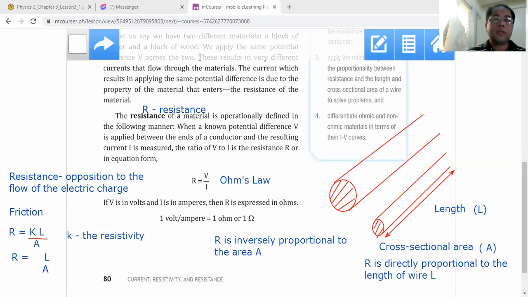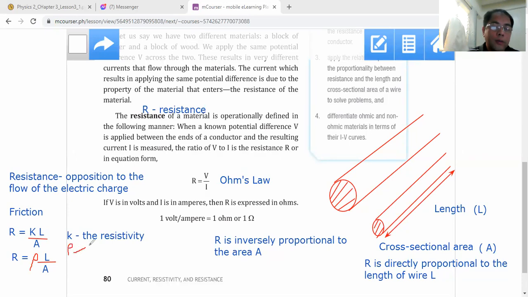So this is your expression for the resistance, and we write a symbol rho, which looks like the letter P, and we replace the symbol K there with this rho.